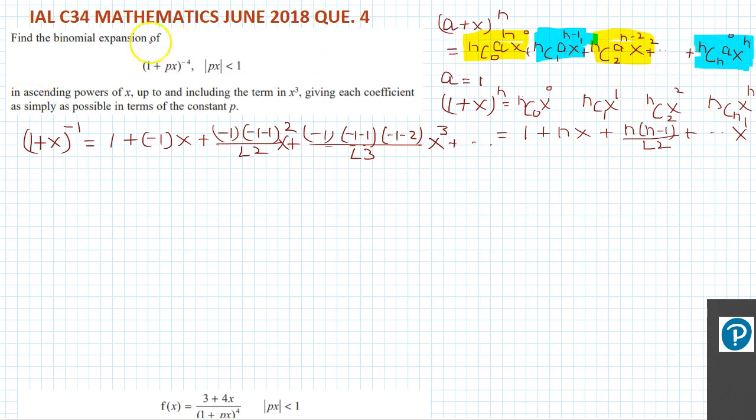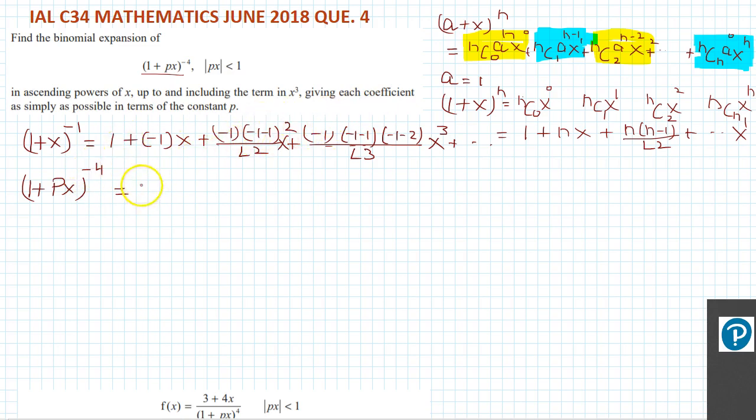Now on the basis of the same, let's write this. So this is (1 + px) to the power minus 4. Now be careful, n is minus 4.